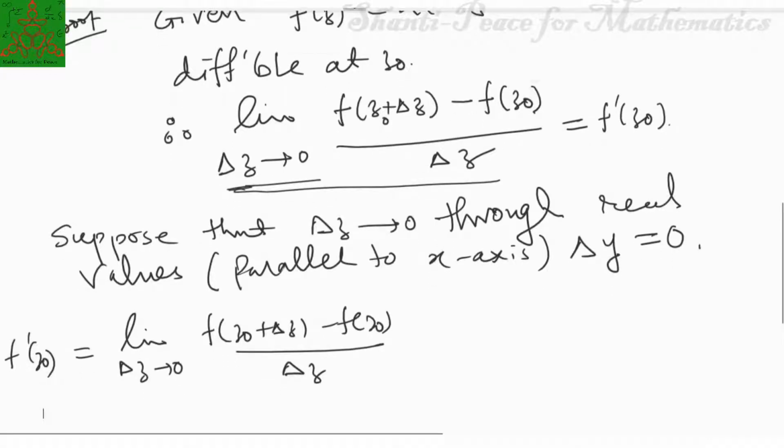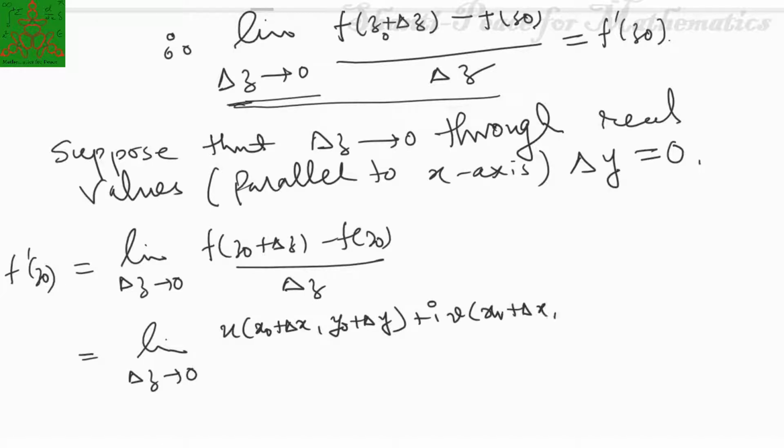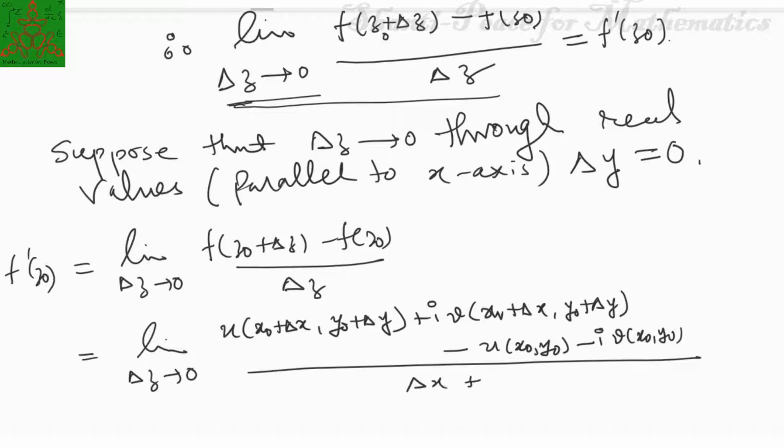If you use f which is u plus i v, that is the limit as delta z tends to 0 of u of x0 plus delta x, y0 plus delta y plus i v of x0 plus delta x, y0 plus delta y minus u of x0, y0 minus i v of x0, y0 upon delta x plus i delta y.